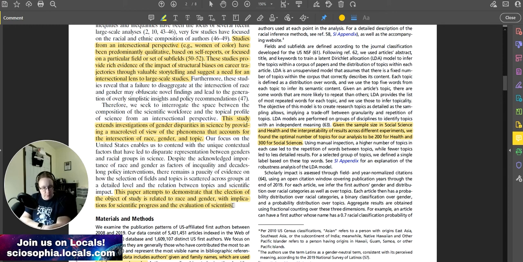Despite the acknowledged importance of race and gender as factors of inequality and decades-long policy interventions, there remains a paucity of evidence on how the selection of fields and topics is scattered across groups at a detailed level and the relation between topics and scientific impact. This paper attempts to demonstrate that the election of the object of study is related to race and gender, with implications for scientific progress in the evaluation of scientists.